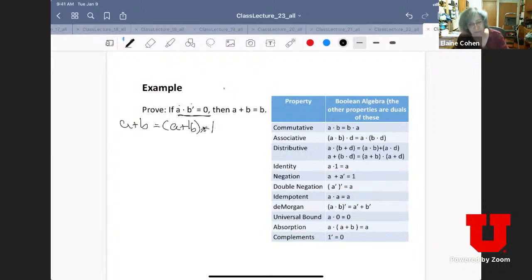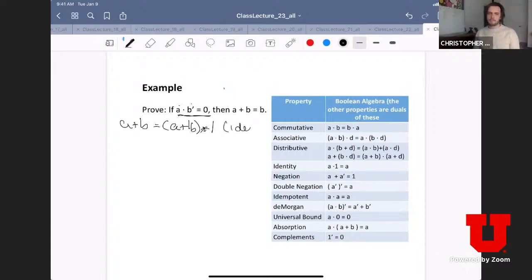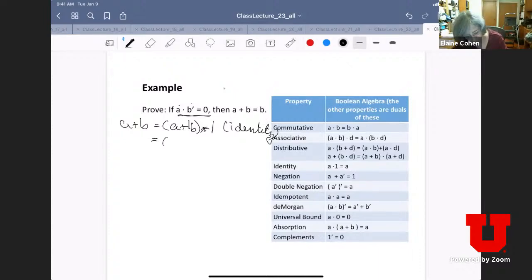Times 1. Let's look at 1. Why do I know that that's true? What rule is that? What property? Identity. Good. Okay, what's the next step?